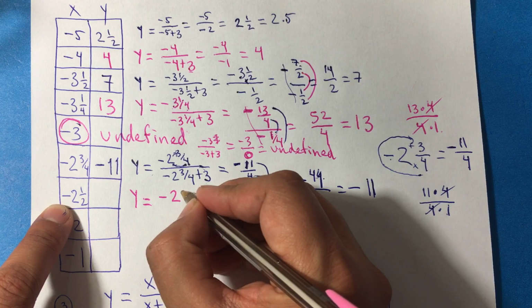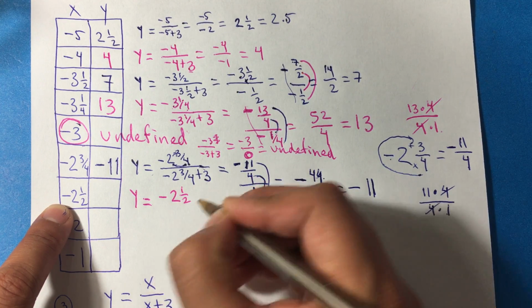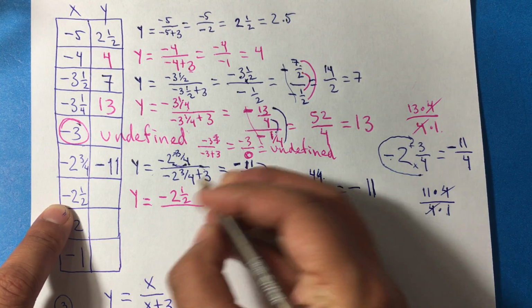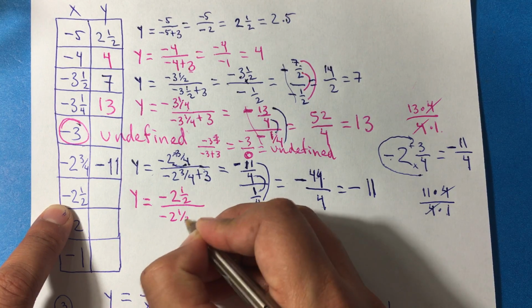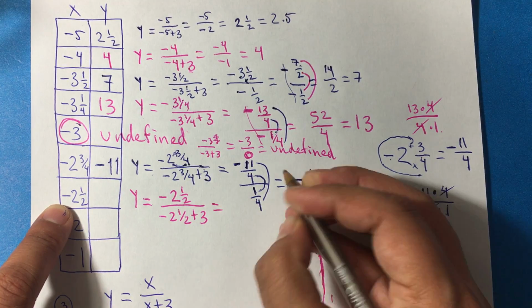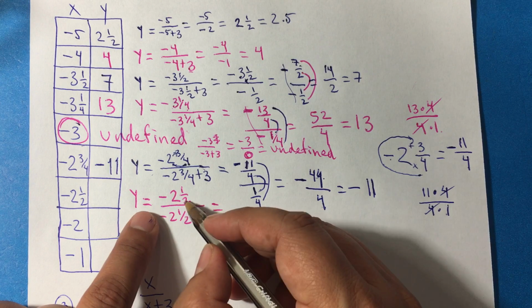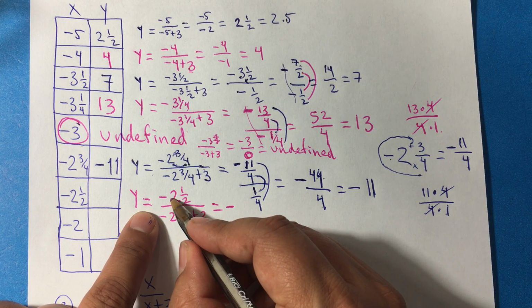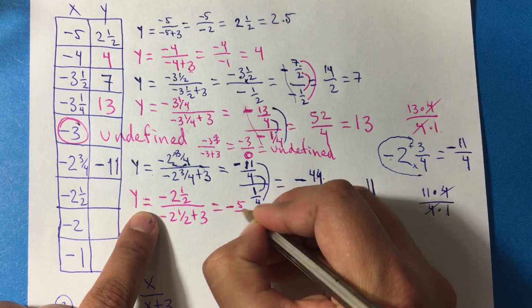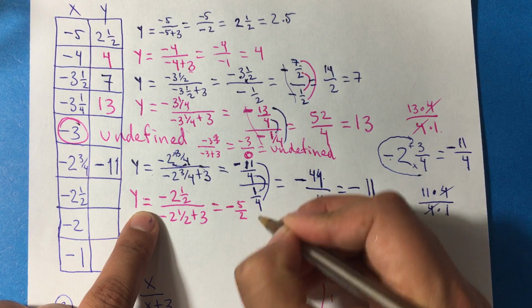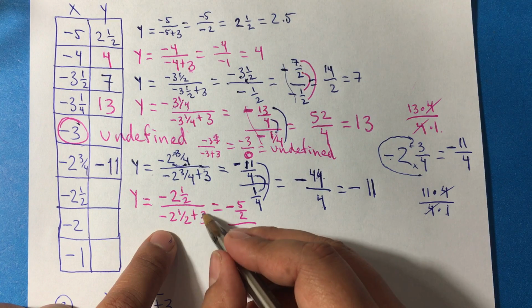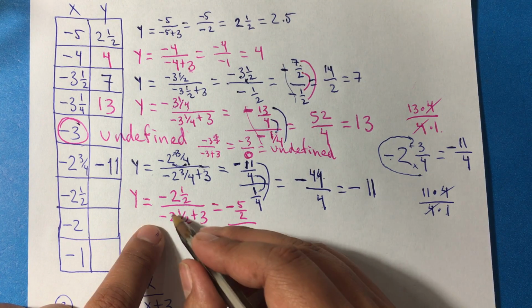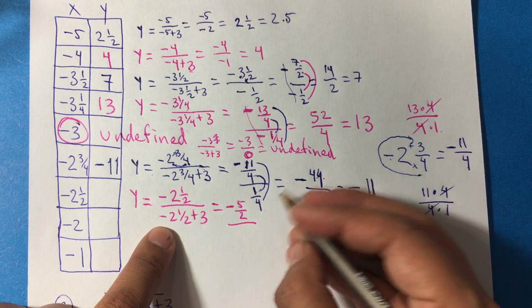Them in order. So negative 2 and a half over negative 2 and a half plus 3. We multiply, we know it's negative. 2 times 2, 4, plus 1, 5. Keep the denominator. In here, I have 3 cakes, but I eat 2 and a half.